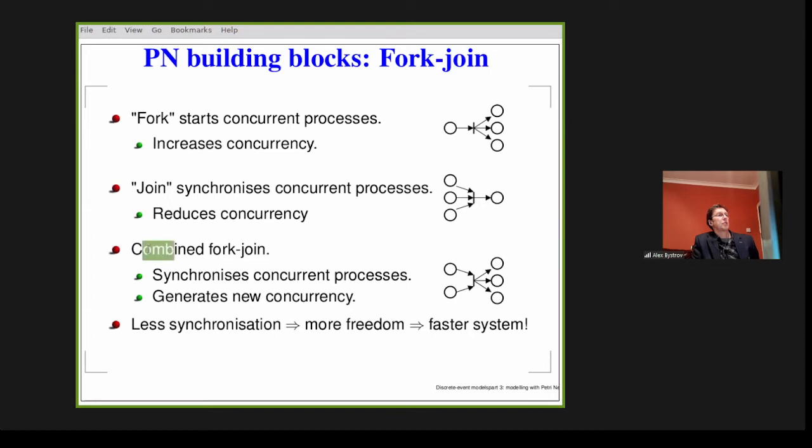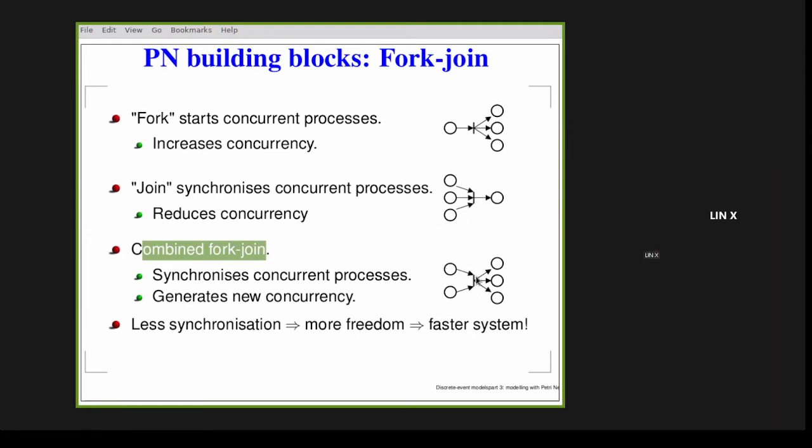Now we can have a combined operation, fork and join. Basically, it's a hybrid between the two. So we can have several threads joined at a transition and then several threads forked from a transition. If necessary, we can just change the amount of concurrency by doing this, or we can have, for example, 3 input threads and 3 output threads, and then this transition still makes sense.